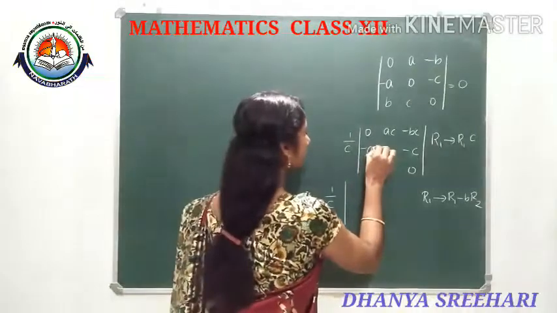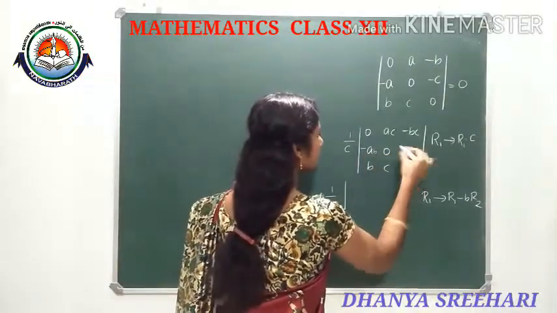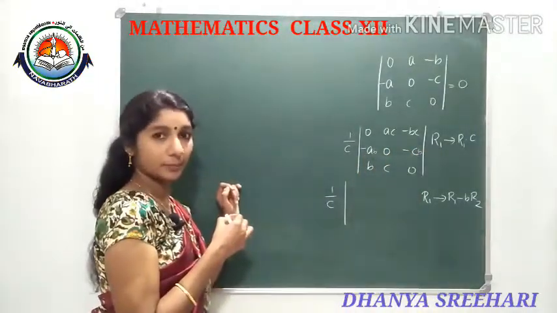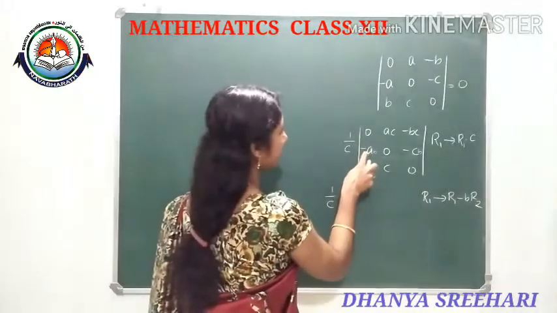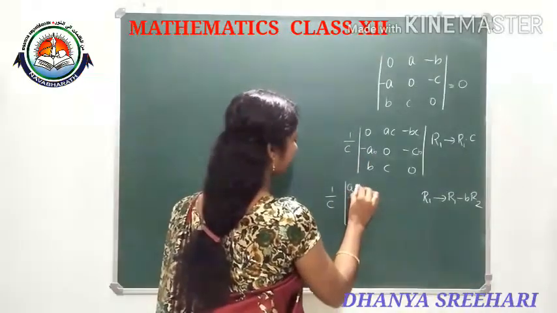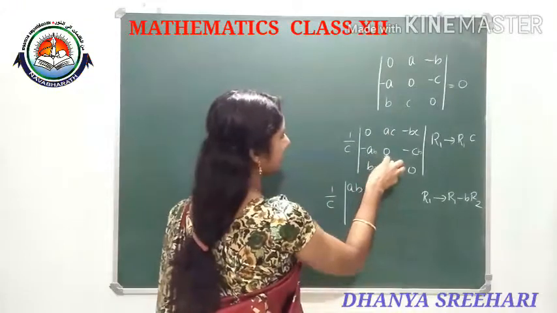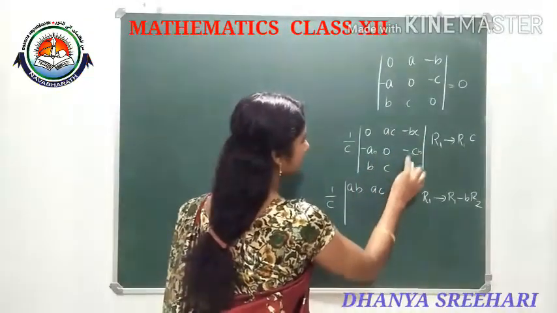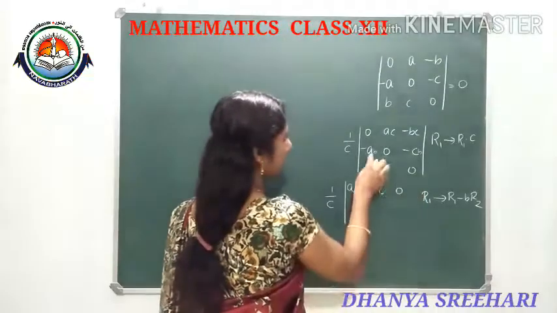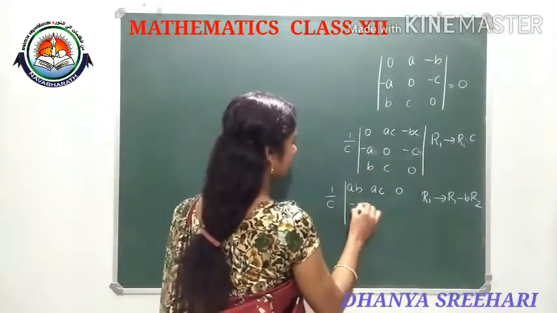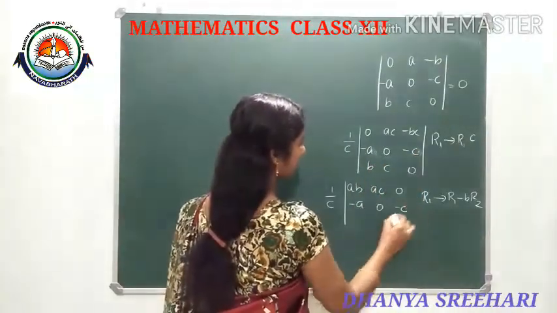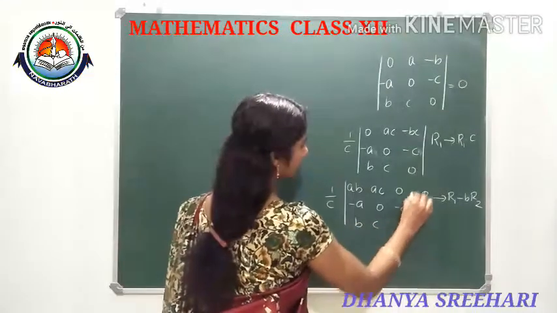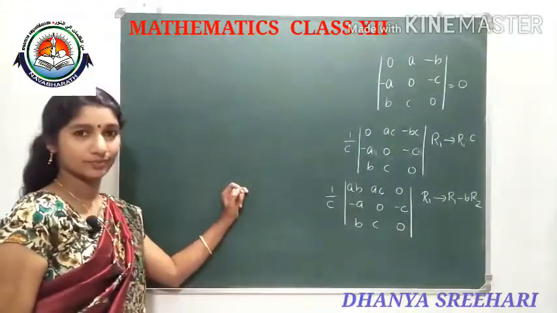So this will come AB 0 CB while multiplying by B. So 0 minus AB will come plus AB. AC minus 0 will come AC. Minus BC minus BC will come 0. And the second row no change, minus A 0 minus C, and the third row no change, B, C 0.